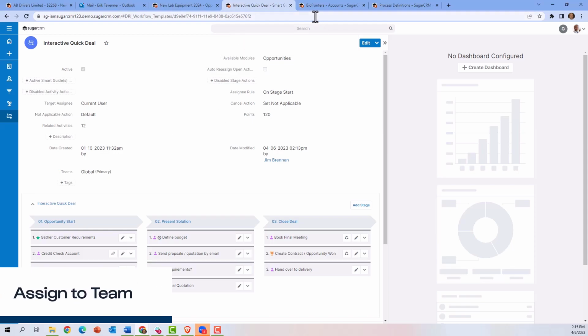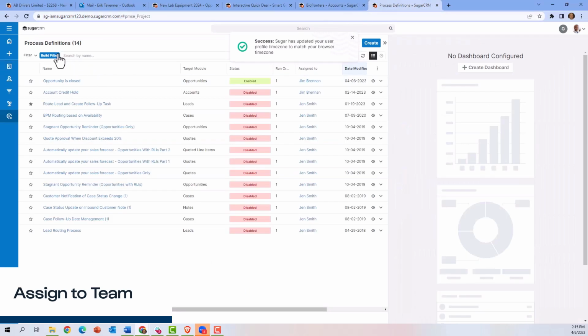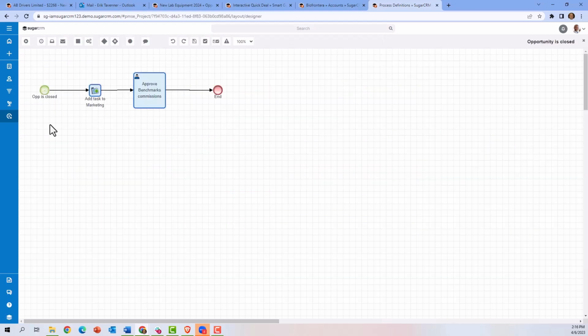In addition to that, some of the other processes that can run around the system are process definitions. What process definitions do, in various instances, is notify people or even take action. In this instance, we are looking at an opportunity-is-closed process.